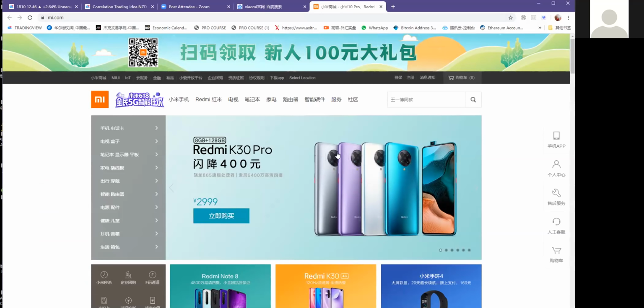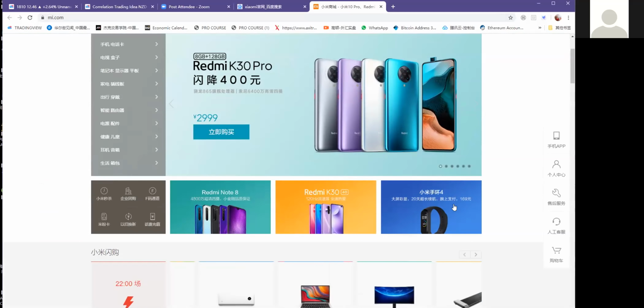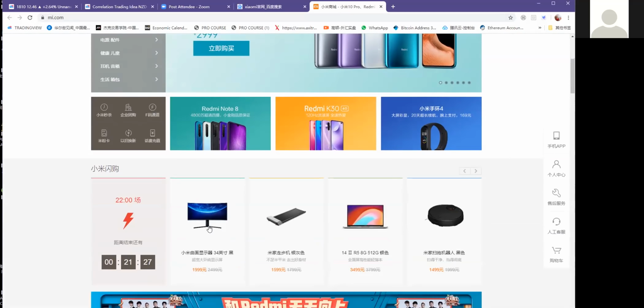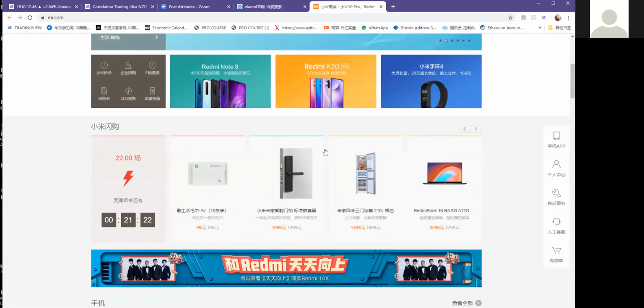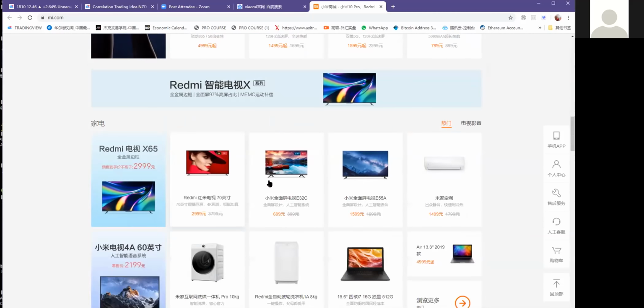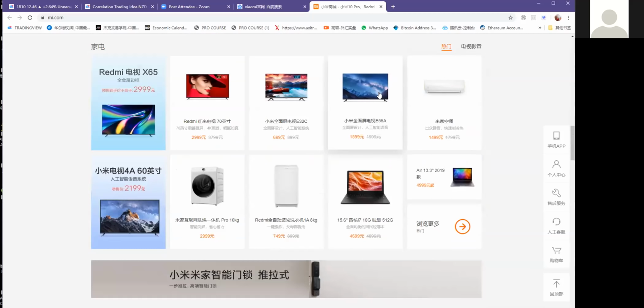They are selling cell phones, bracelets, monitors, running machines, refrigerators, laptops, almost all family products, or TVs, washing machines, and they are all automated. Yeah, AI. They are controlled by AI, and you can control them by voice. I bought a lot of Mi products, and I think this is really a good company to invest in.